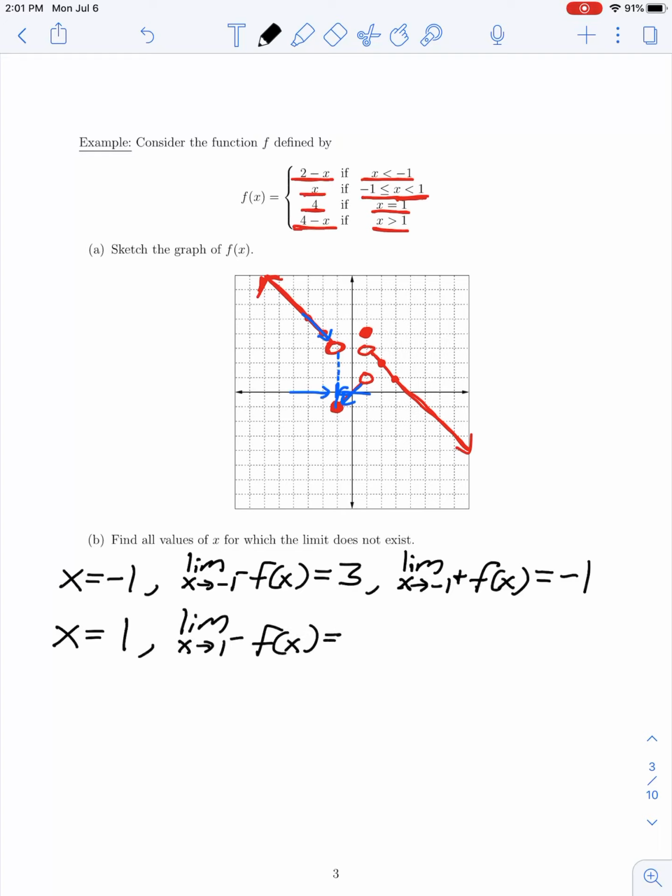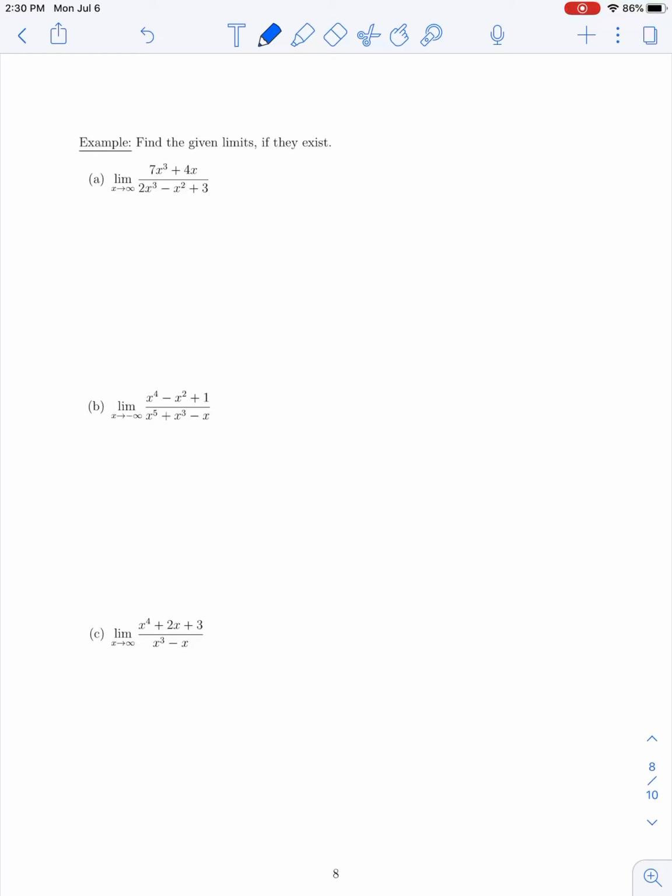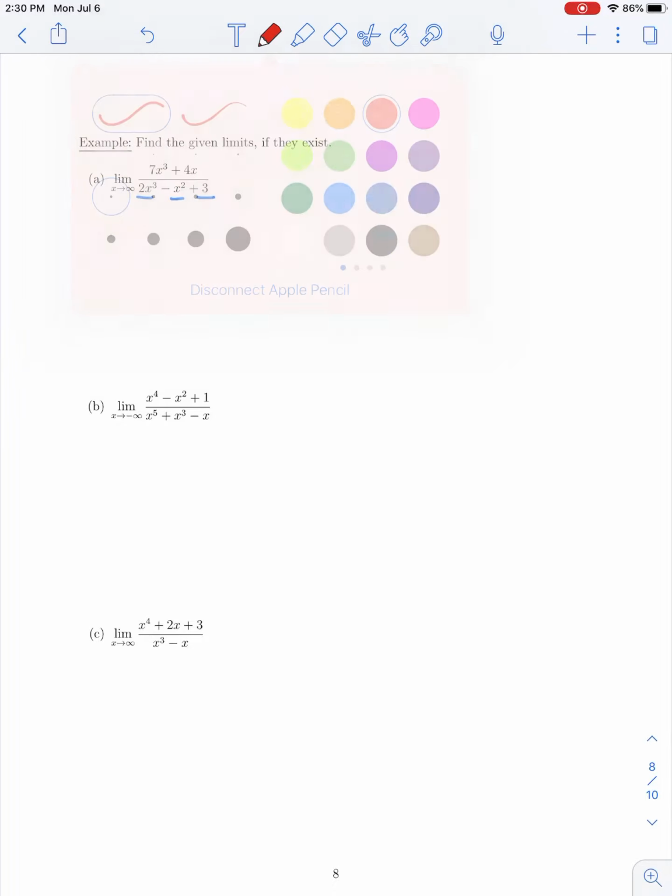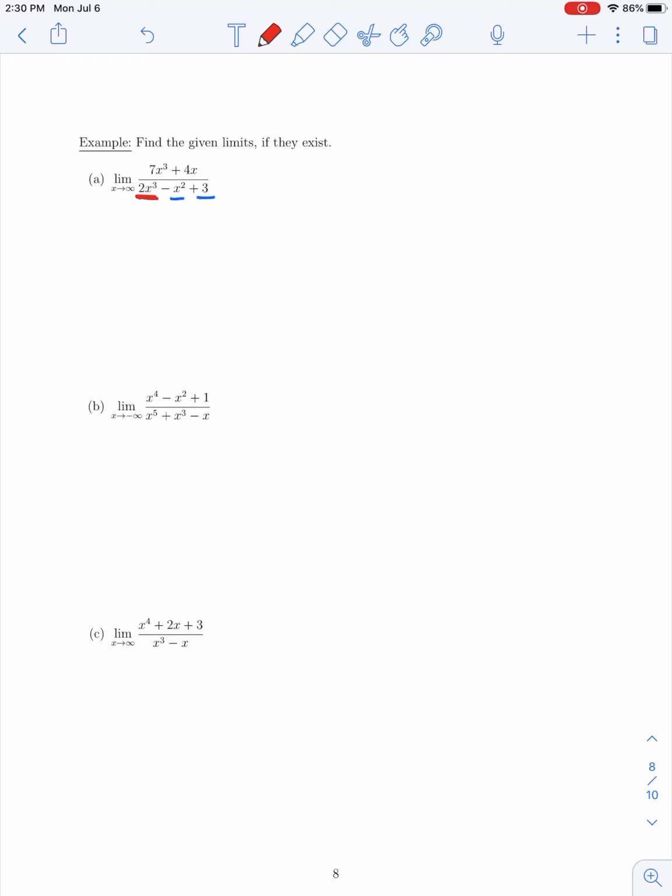When we look at our rational function, we're going to identify the largest power of x that appears in the denominator. So when we look at our function in part A, the largest power of x which appears in the denominator is this x cubed term. We've got 2x cubed.